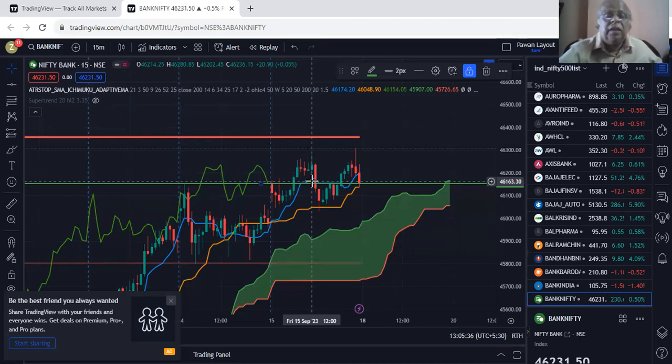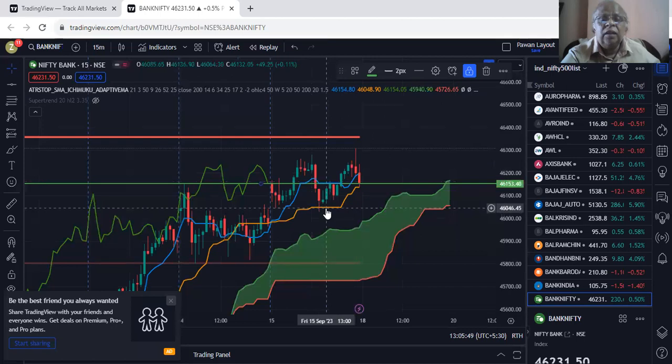See what had happened here. After closing downward below the Tenkan-sen, the stock index got the support at Kijun-sen. The difference between the Tenkan-sen and Kijun-sen is approximately 112 points, 106 points.